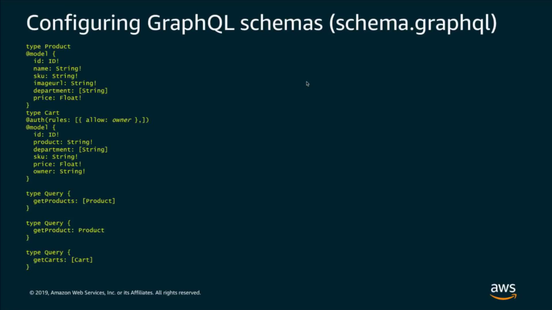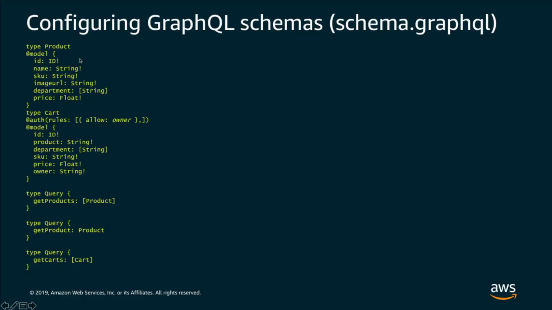So once you've created an API using the Amplify CLI, it's going to generate the schema for you. And I'll show you in a minute where that schema is saved. But essentially, a schema looks something like this. What you see here, we're defining a model, and that model is the entity that we are going to use for our API.